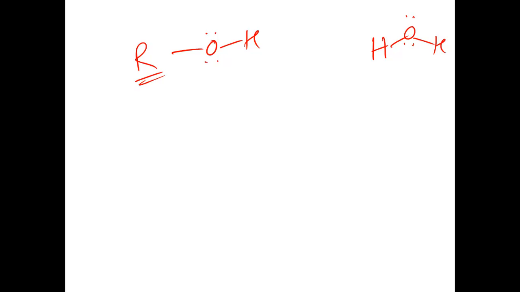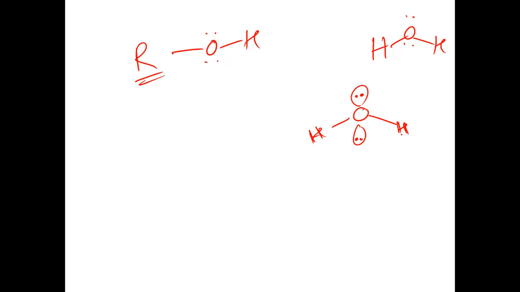Right? sp3. Though it has only two bonds to hydrogen, it would be misleading to think that this is sp hybridized. If you draw the structures out, there are two sp3 orbitals, each hosting a pair of electrons.